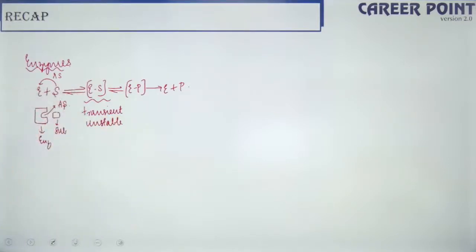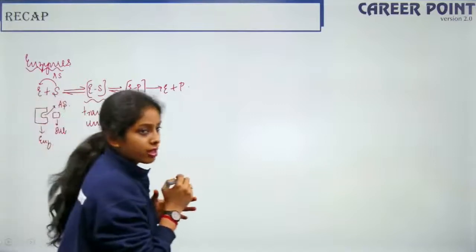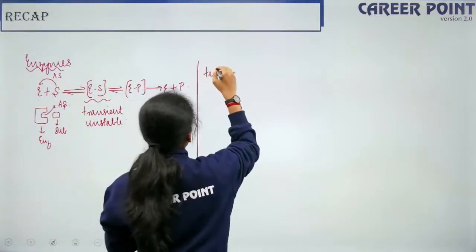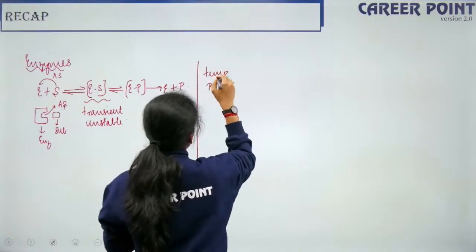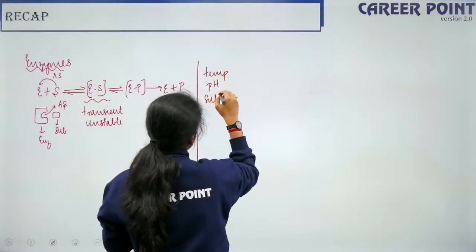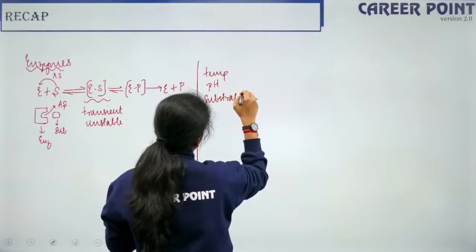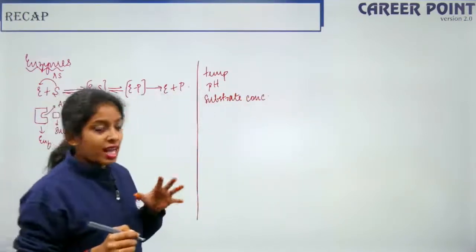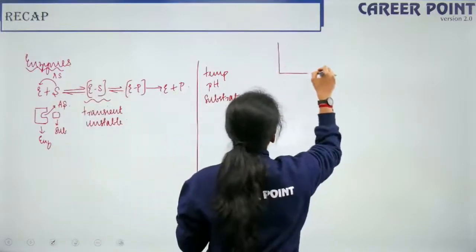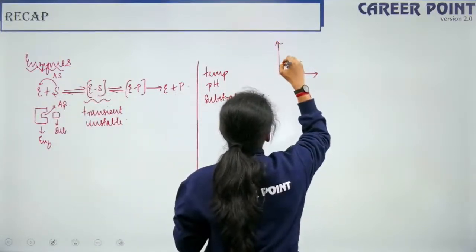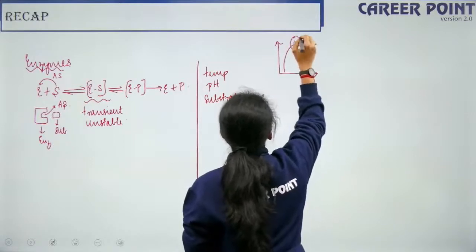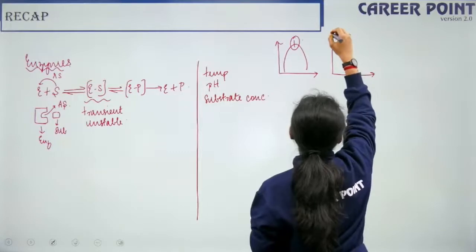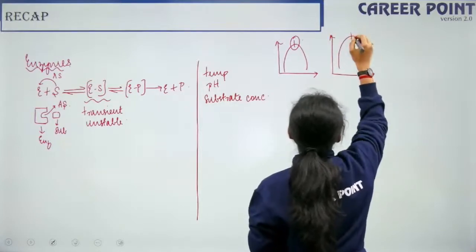What are the factors that affect enzymes in a reaction? First is temperature, next is pH, and the third one is substrate concentration. Every enzyme has an optimum pH, and similarly every enzyme works well at a particular optimum temperature.